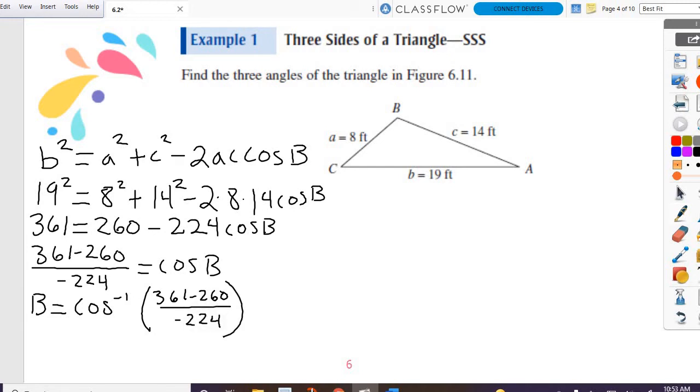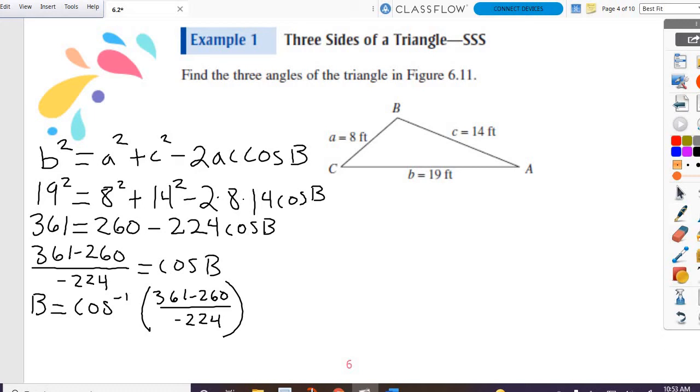Now, just realize that if I went ahead and typed this into my calculator and rounded it and then put it inside of my cosine inverse, your answer is going to be slightly different because you put the rounded number in, not the entire fraction itself. Does that make sense?